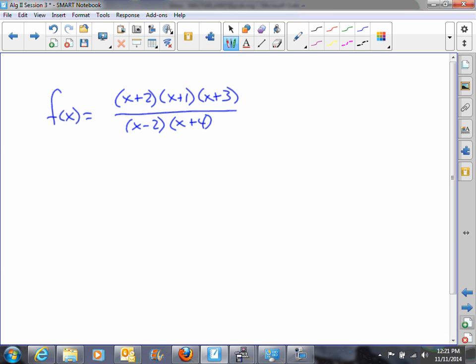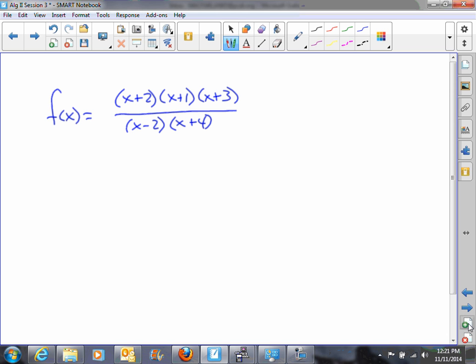Now, notice the degree of the numerator here is 3, and the degree of the denominator is 2. So in this case, we have a situation where the degree of the numerator is 1 more than the degree of the denominator.